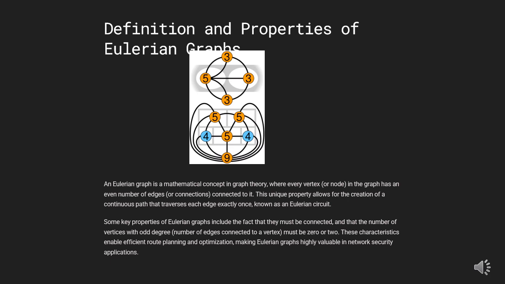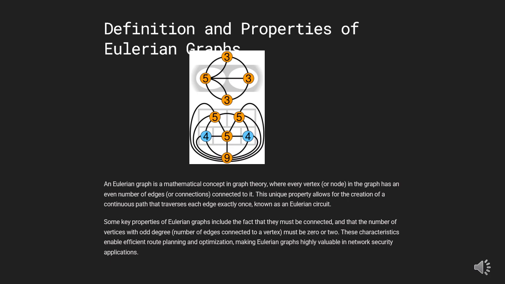Definition and properties of Eulerian graphs. An Eulerian graph is a mathematical concept in graph theory where every vertex or node in the graph has an even number of edges connected to it. This unique property allows for the creation of a continuous path that traverses each edge exactly once, known as an Eulerian circuit.